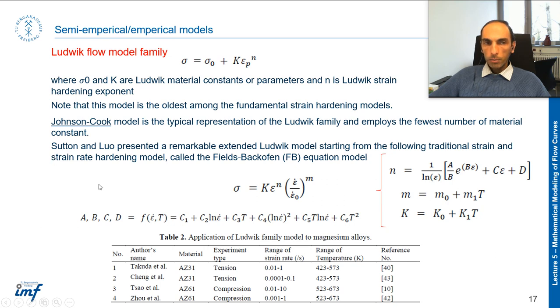Another model, Sutton and Lowe, presented a remarkable extended Ludwig model based on this traditional form of the equation, but they tried to make the constants like m here and k here, similar to this k and n, not constant values, but temperature dependent.